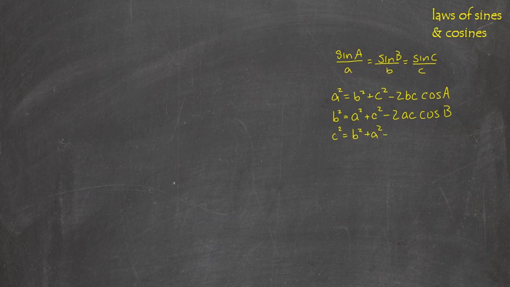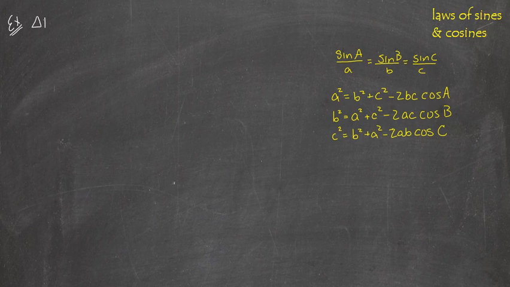Probably could have written that in the opposite order, but it doesn't matter. Addition is commutative. So that's minus 2 times ab times the cosine of C. So these are all 3 of the laws of sines, and these are the laws of cosines.